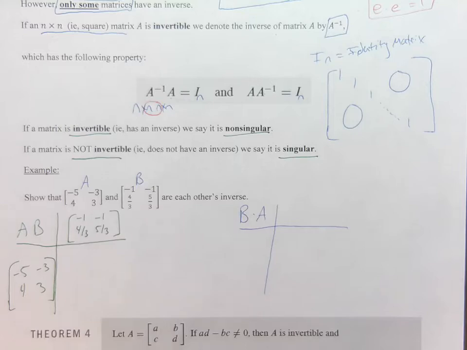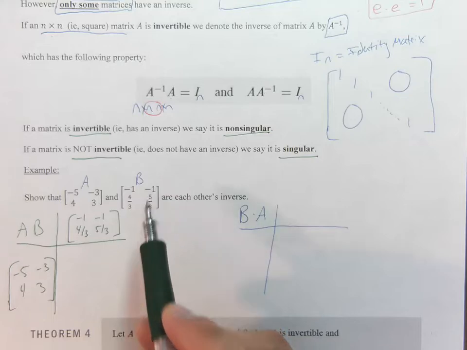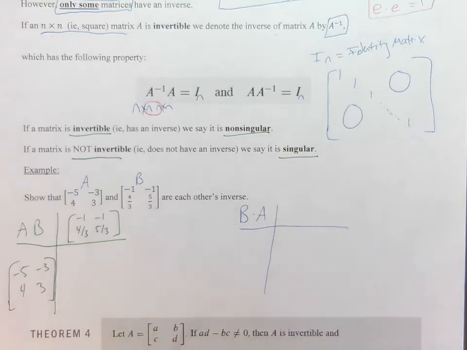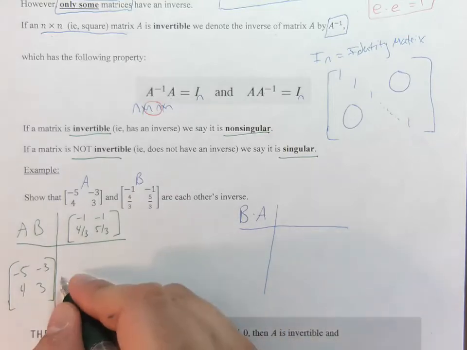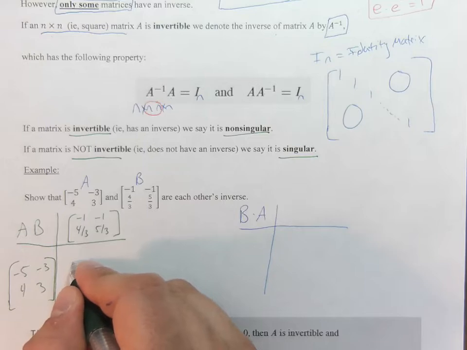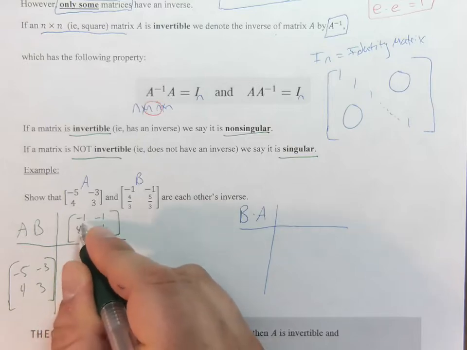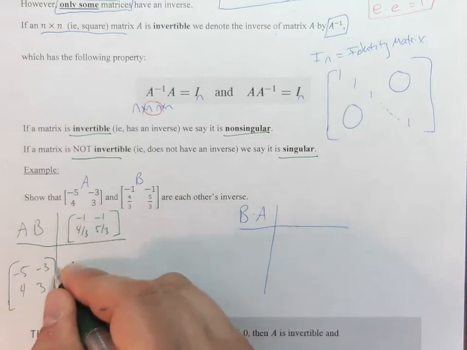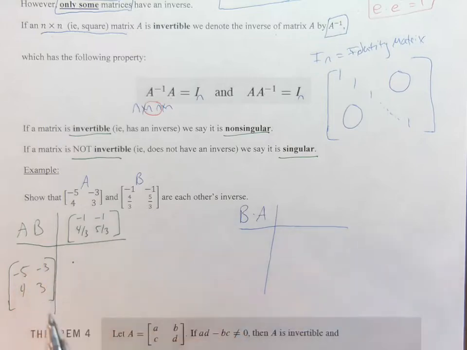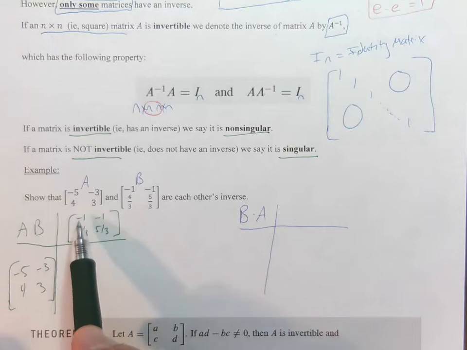When you do the actual multiplication, you know that you're multiplying a 2 by 2 times a 2 by 2, so the answer is going to be a 2 by 2, right? The upper left entry lines up with this column of B and this row of A. So we're going to multiply the first row of A with the first column of B.